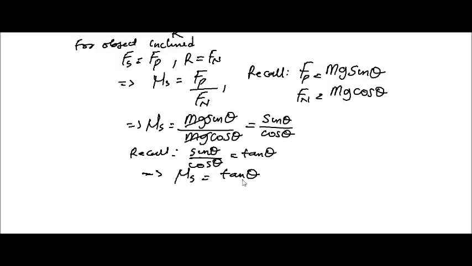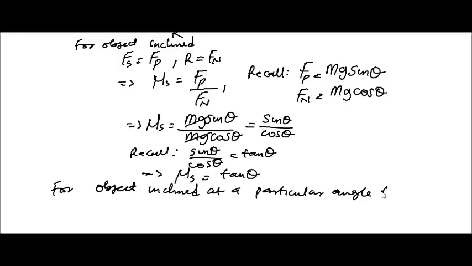So whatever the angle is, that gives the coefficient of static friction. We can summarily say that for an object inclined at a particular angle to the horizontal, the coefficient of static friction is equal to tan theta.